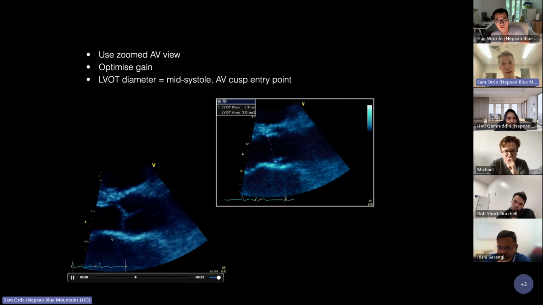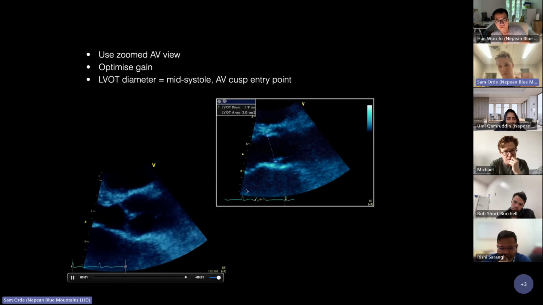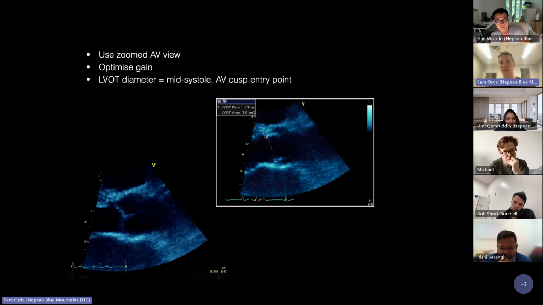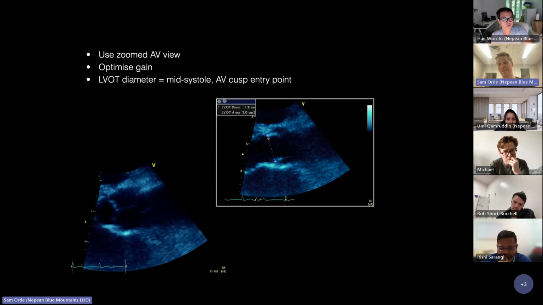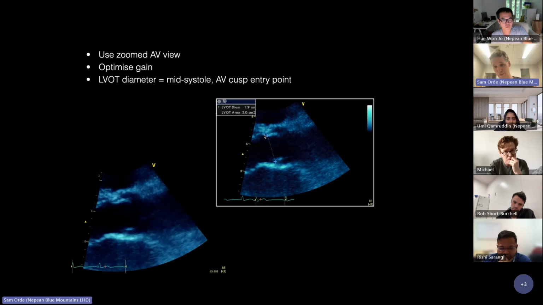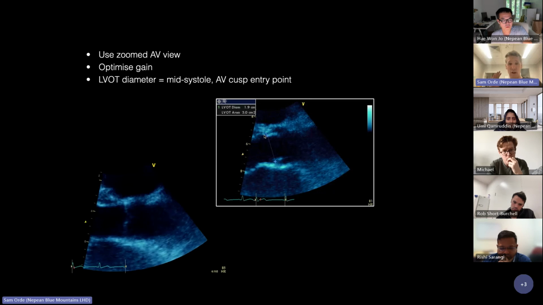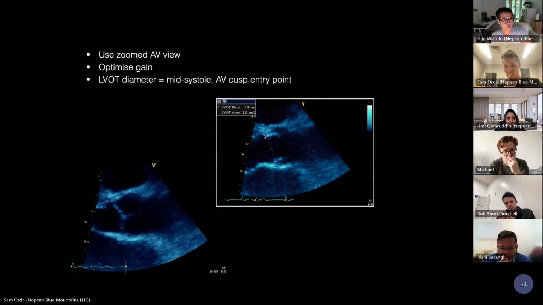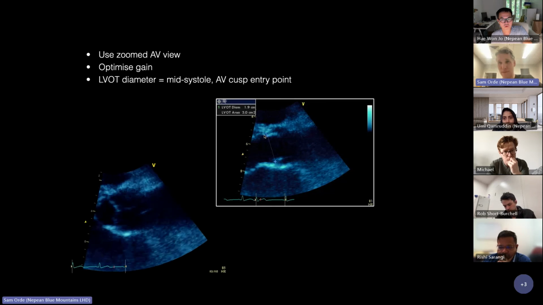You then scroll through that, looking at where the insertion points are of the non-coronary and the left or the right coronary aortic cusp, and you put your markers somewhere within 5 millimeters of where they insert into the LVOT. Normal values are what, Umi? What's a normal LVOT diameter?